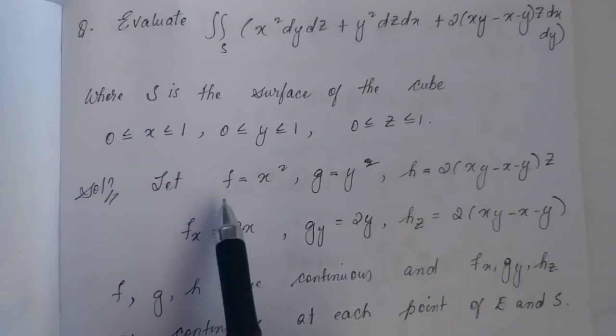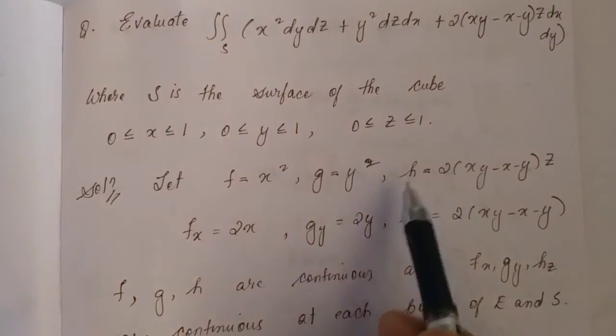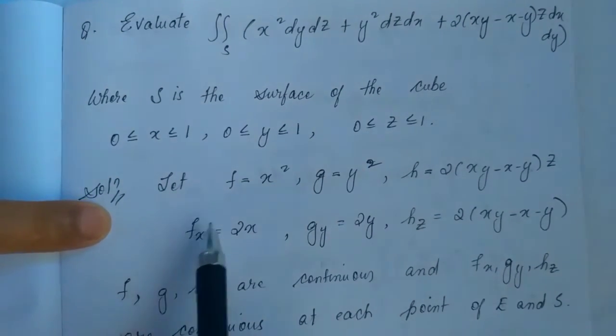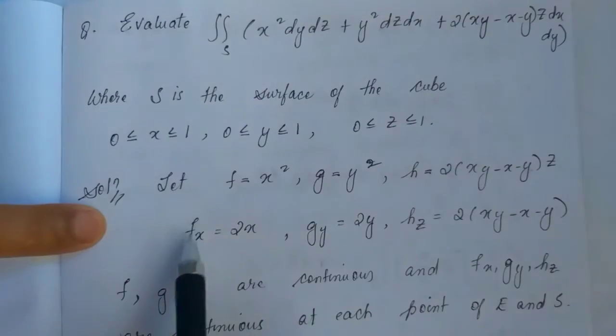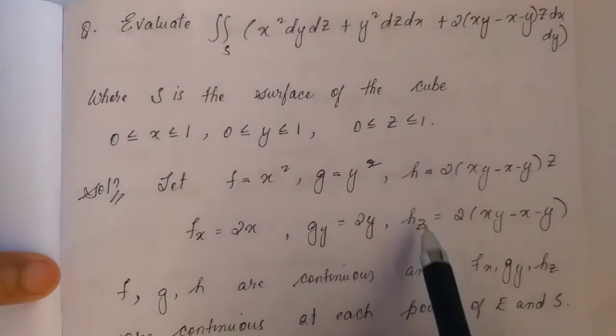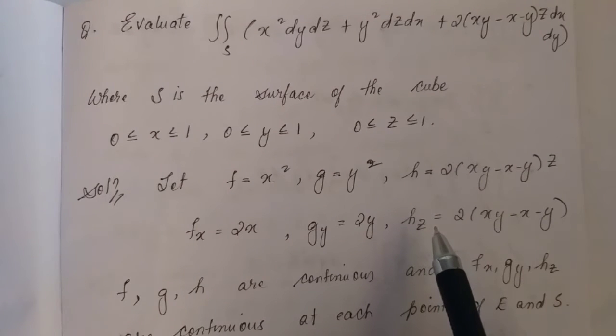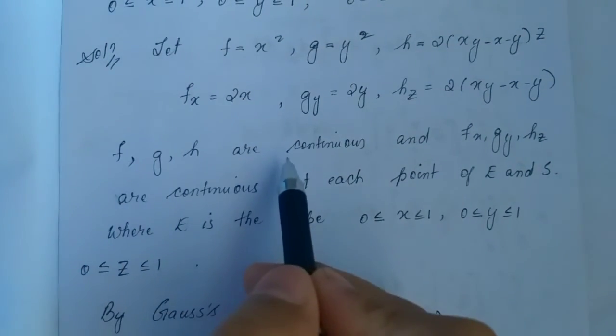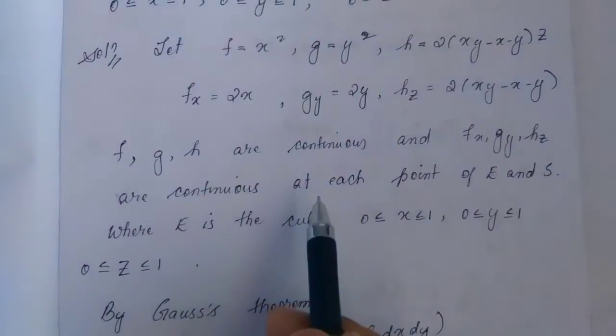Here you know the values of f, g, and h, and the partial derivatives of f with respect to x, of g with respect to y, and of h with respect to z exist, and f, g, and h are all continuous.